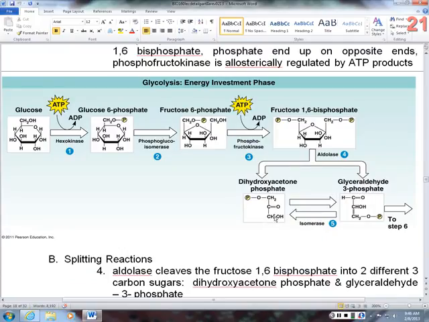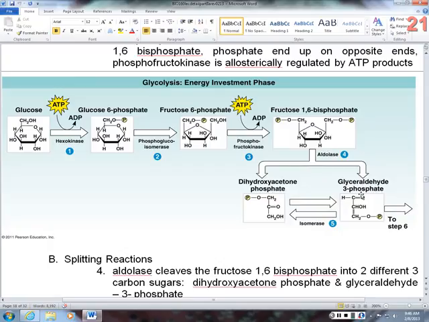And what's going to happen is this is going to be in equilibrium, an equilibrium reaction where it can be reversible here. However, this is the one that's going to get used up. So it's going to cause all of these to be converted to this.